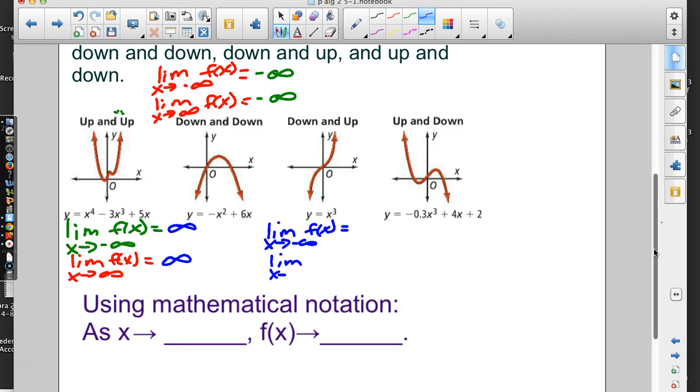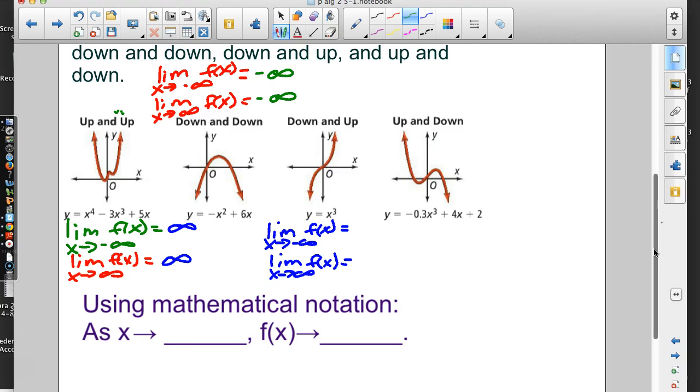Limit as x approaches infinity, f of x is doing what? We write those same things every time. I thought I'd just Google and see images of limit notation, and you get pages and pages of what we do with limit notation in mathematics.